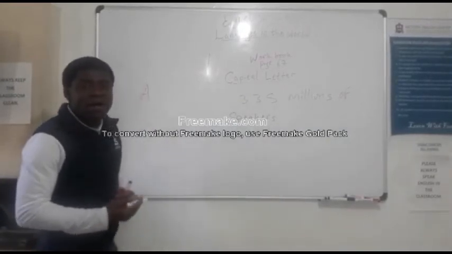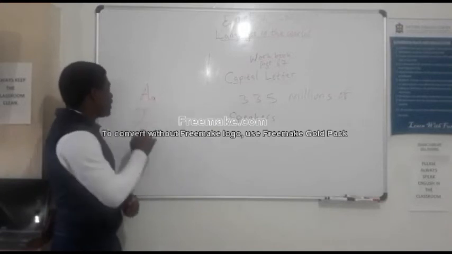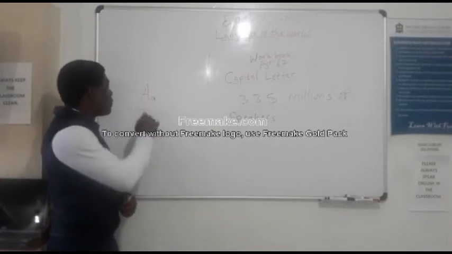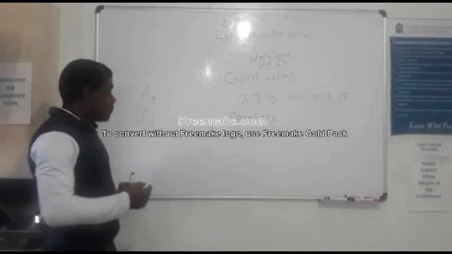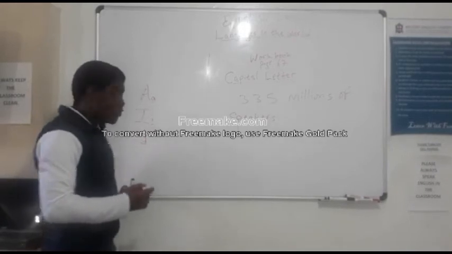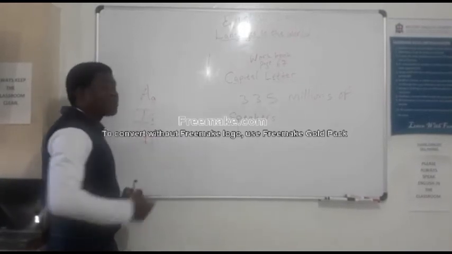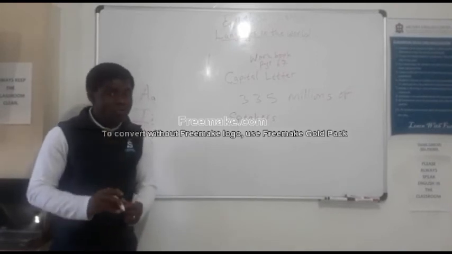The capital letter of R is this. This is the small letter of A and the small letter of R. Then we have J, the capital letter, and we have little g for the small letter. This you have to understand.